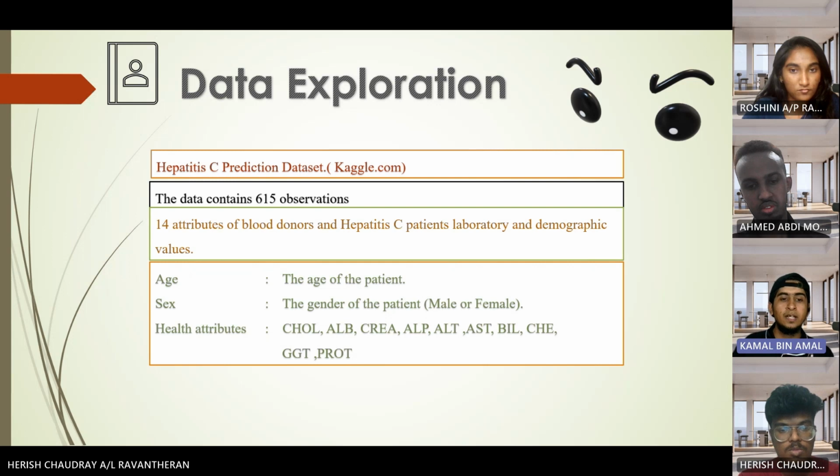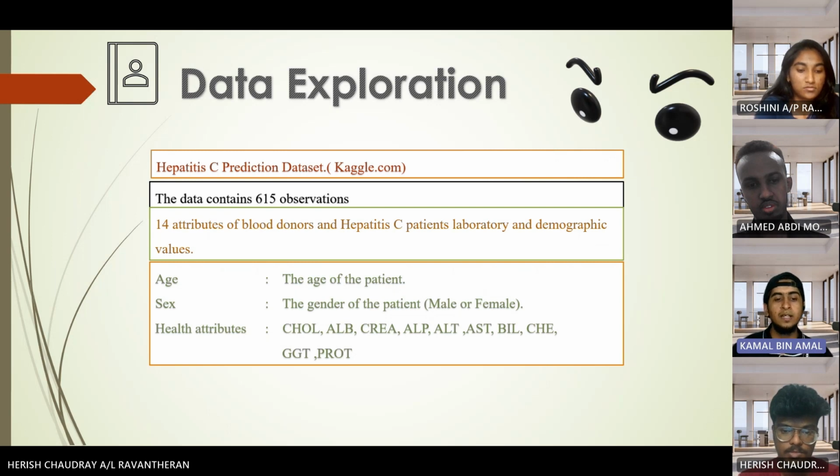We have discovered around 615 observations from the data on 14 attributes of blood donors and hepatitis C patients, laboratory and demographic values. These are a few attributes from the data set.